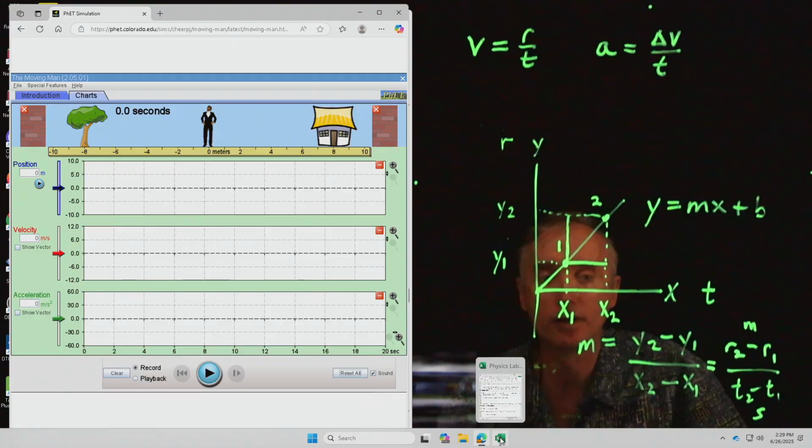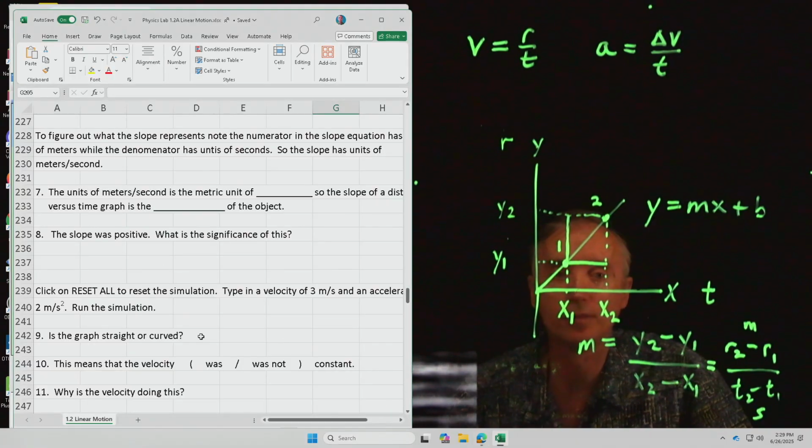All right, now we want a velocity of 3 meters per second, so that didn't change, but an acceleration of 2 meters per second squared. So this time it's got an initial velocity and it has an acceleration.